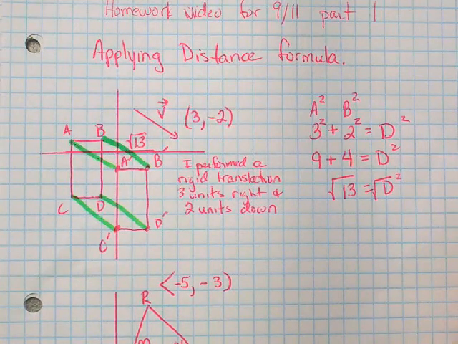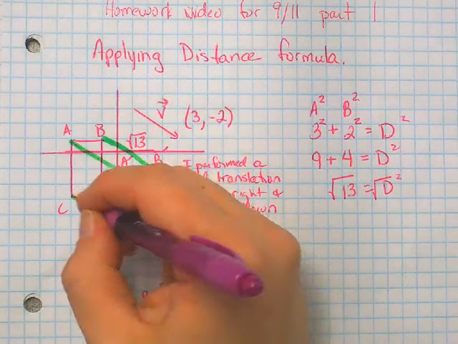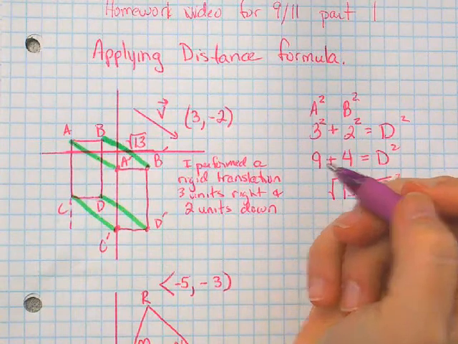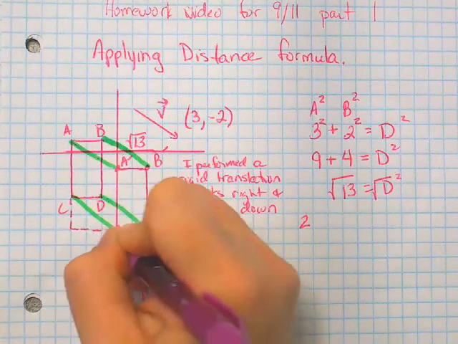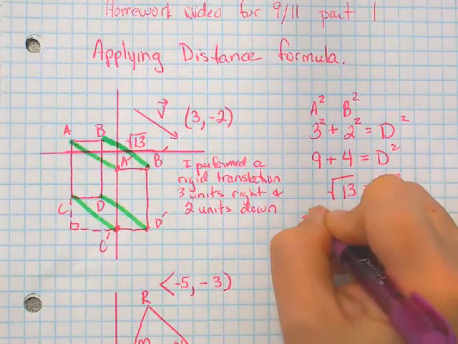Let's just check one more to make sure the distance is the same. I'm going to check from C to C prime. I have a vertical displacement of 2. I have a horizontal displacement of 3.